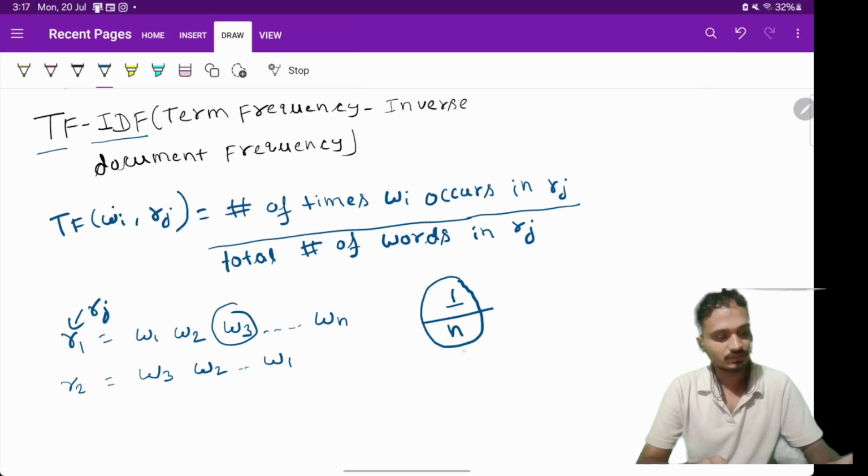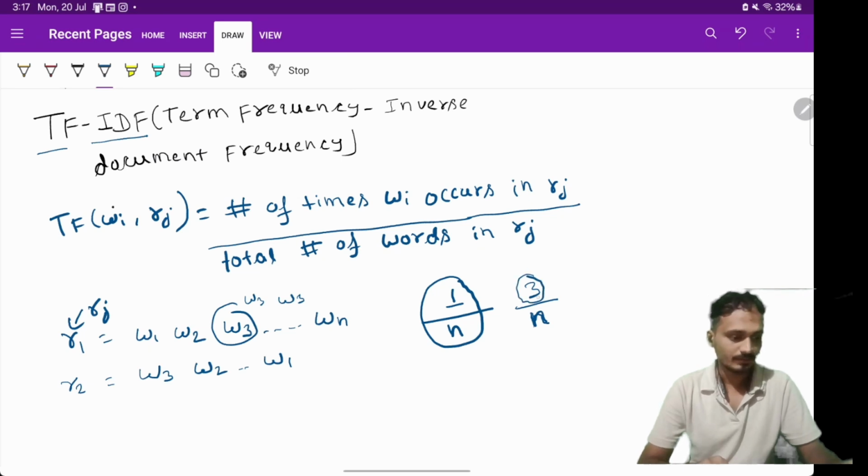Let's say W3 occurs multiple times, say we have W3 again, and again somewhere else. Then the formula will give 3 by n, where n is the total number of words in Rj. For a particular review, n is a fixed value, and the numerator will change if we have a particular word more times. With a fixed n value, it will clearly be an increasing function.